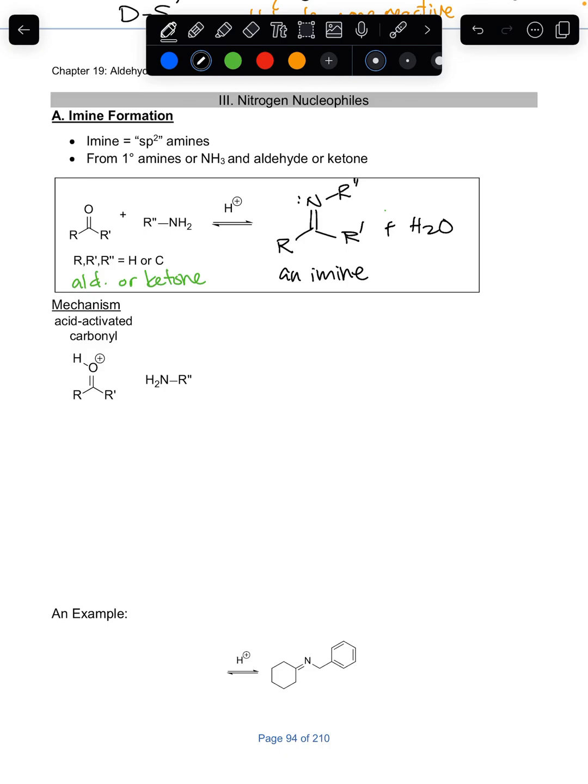So how would the mechanism work? Well, this is very much the same, or similar at least, to acetal formation. So we might go rather quickly. In fact, I took the liberty of skipping the first step.